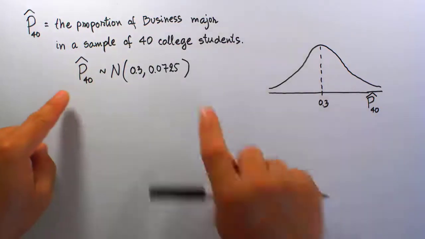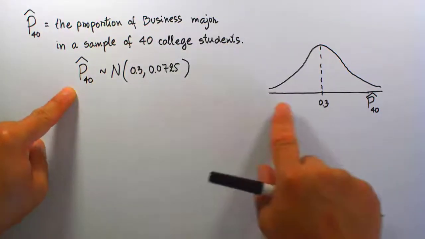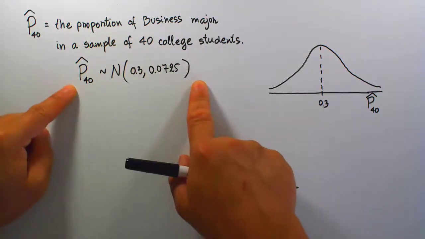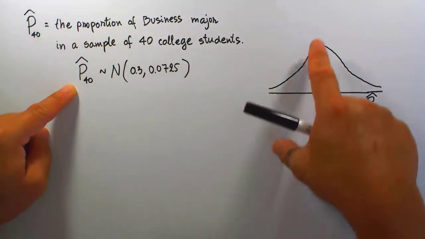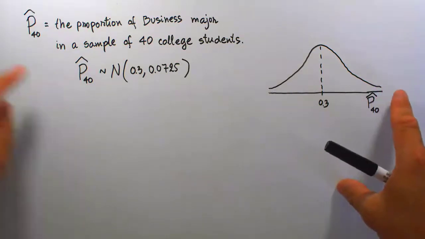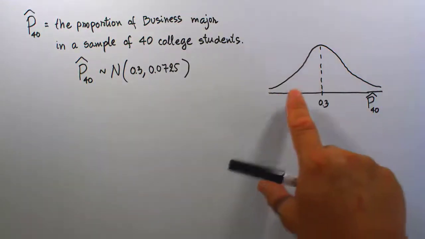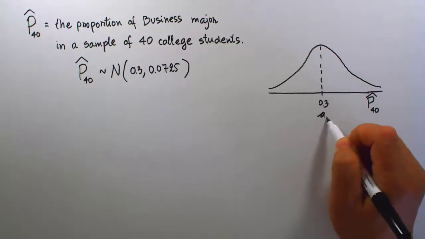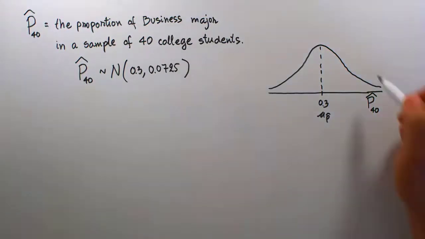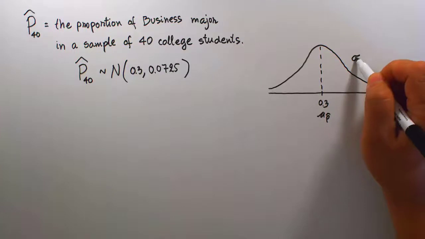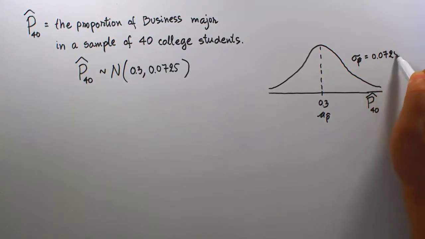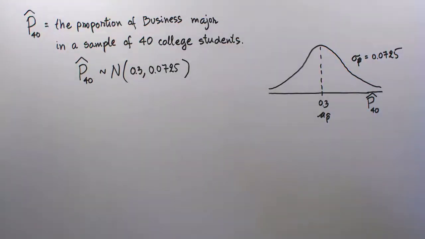So this symbolic statement is equivalent to a graphical interpretation: we are on a bell curve, mu P hat is the center, and the average spread is sigma P hat, 0.0725, which is noted somewhere on the bell curve.